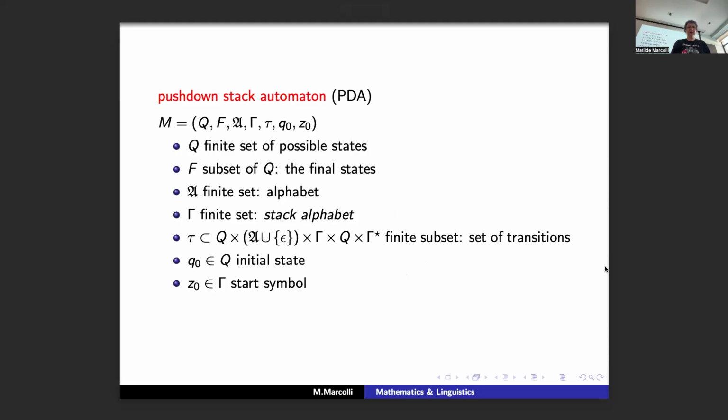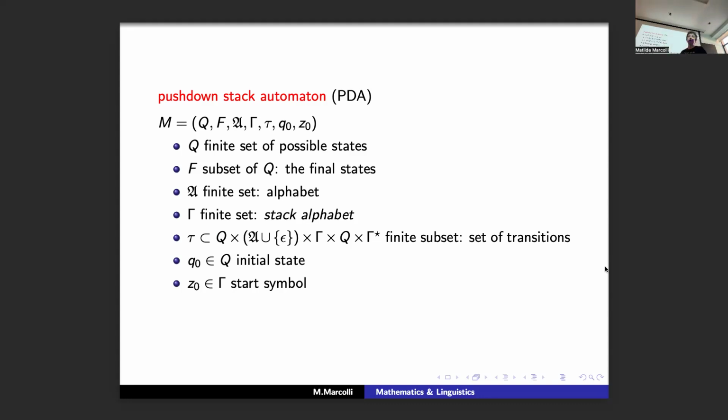I gave only a graphical hand-waving description of what push-down stack automata are in the previous lecture, but let me say a little more precisely. Part of the data is the same as in the case of finite state automata.